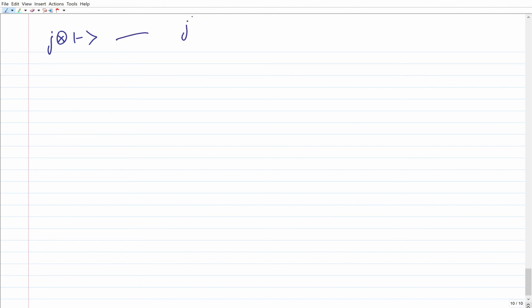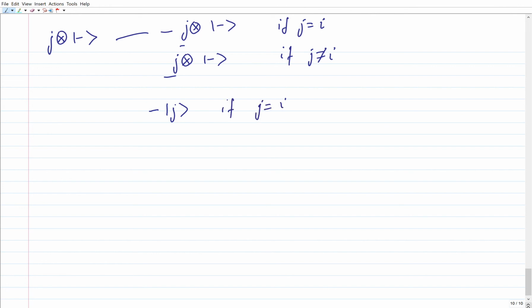This gives you minus J if J was equal to I, and J tensored minus if J was not equal to I. Or just focusing on the upper qubit, this is minus J if J was equal to I, and J if J was not equal to I.